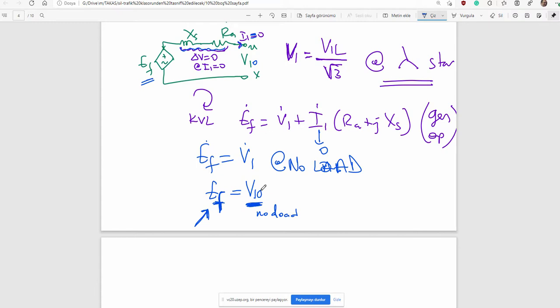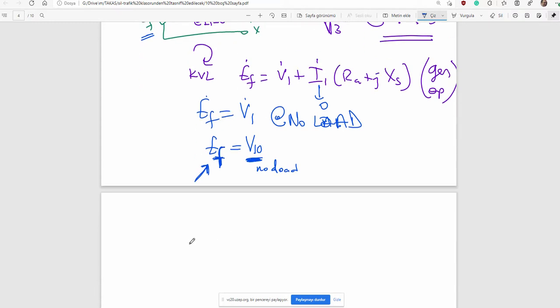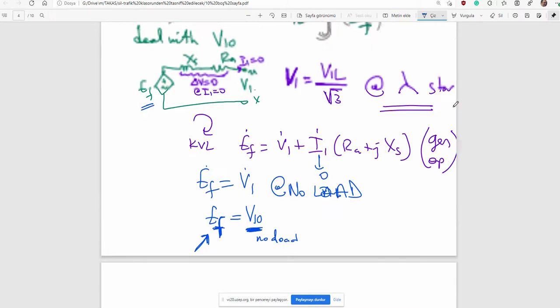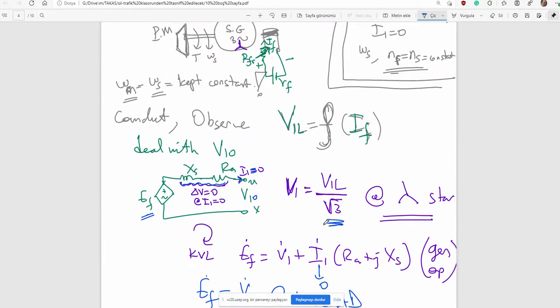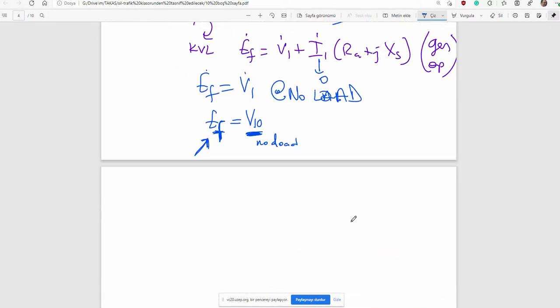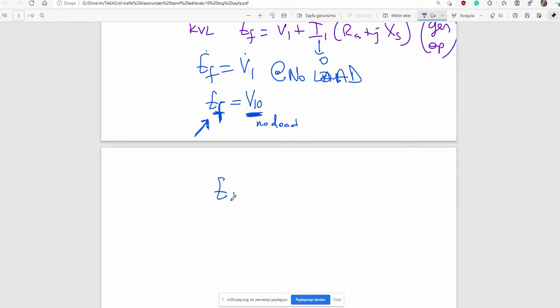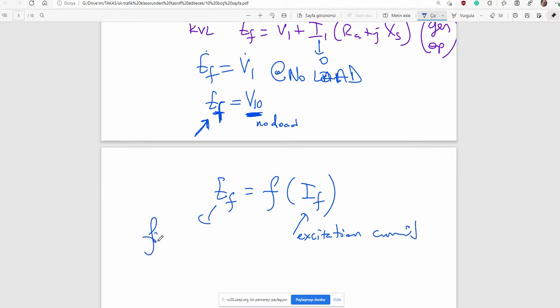After such a small calculation, you can easily find the relation between excitation current and field EMF, or no load voltage.